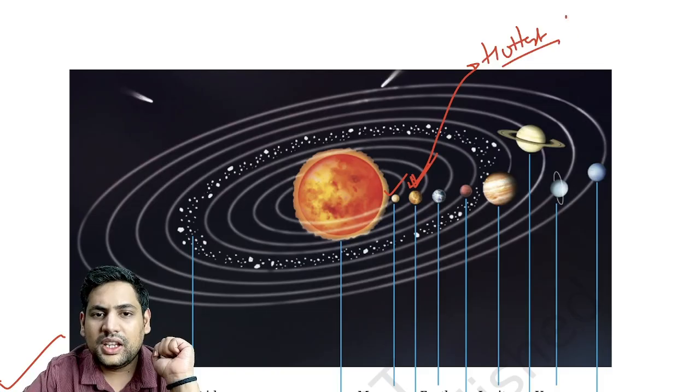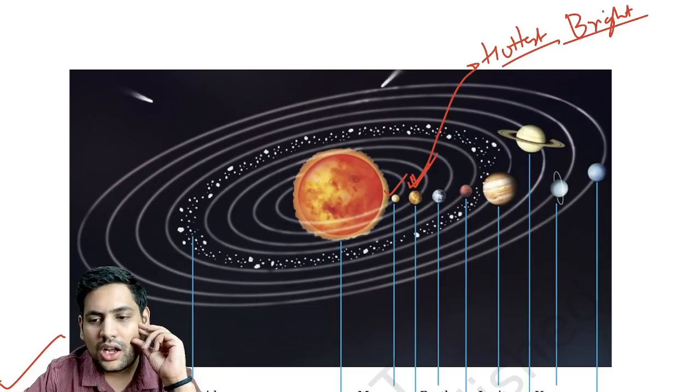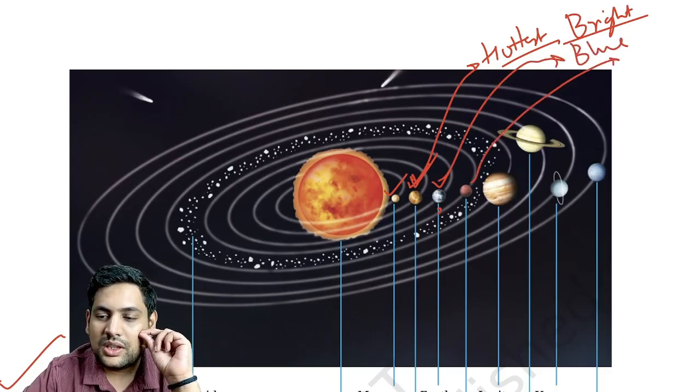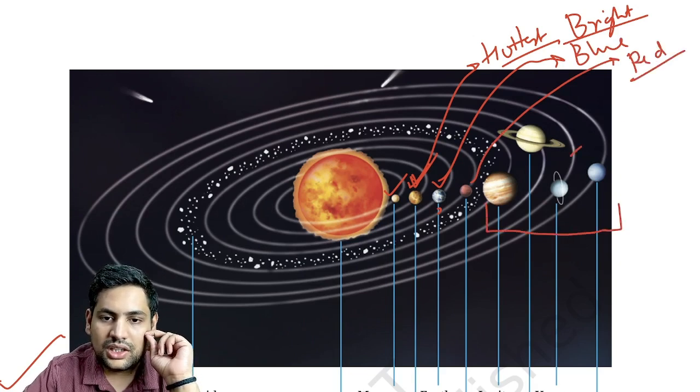It is also very bright. You can see it in the sky in early mornings and late evenings. Then you have Earth. Because Earth has so much water, it looks almost blue. Then you have Mars. Because the Martian soil is red, it looks red. Then you have all these four, which are called gaseous planets.